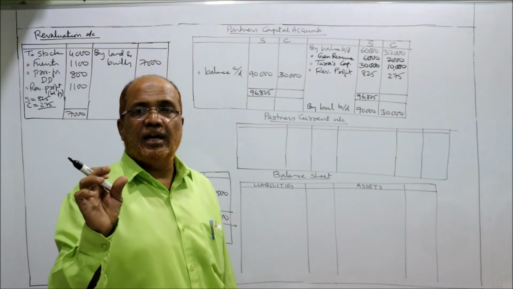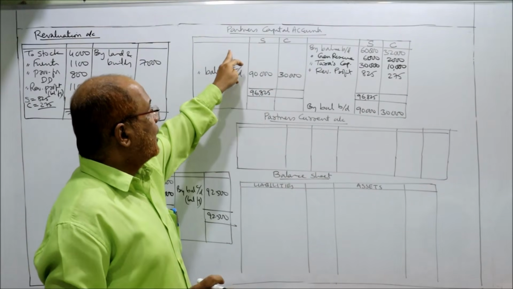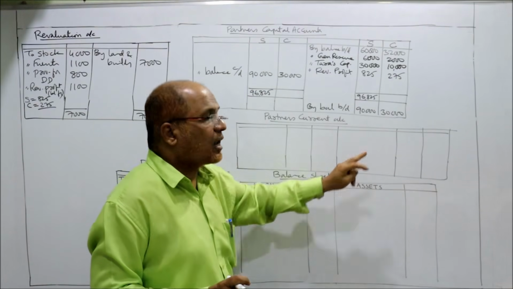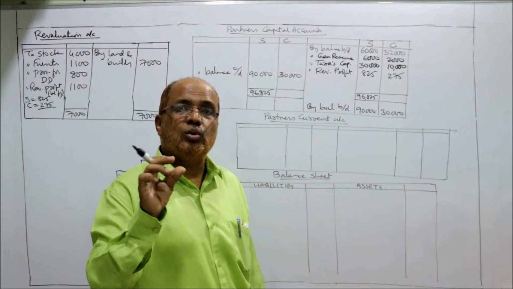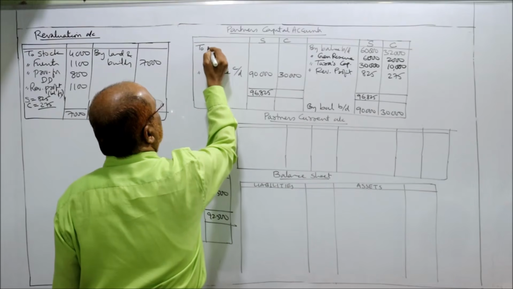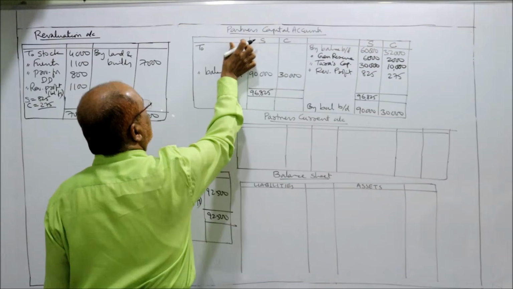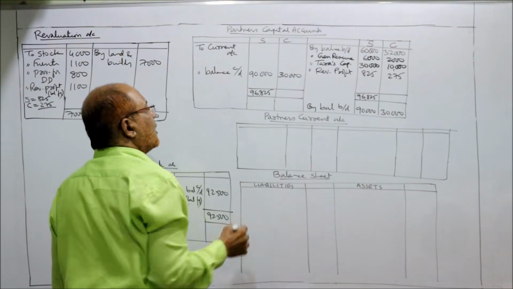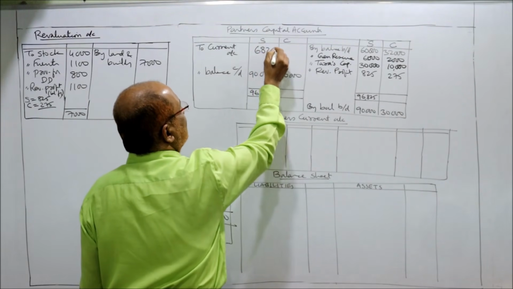So 6,825 more money he has. So the entry will be Surya's capital account debit to Surya's current account. So we debit Surya's capital account to Surya's current account, and the balancing figure is 6,825.